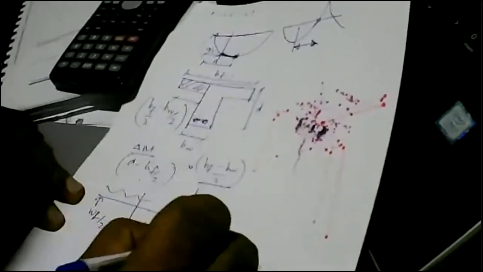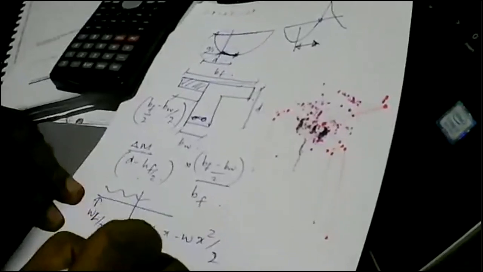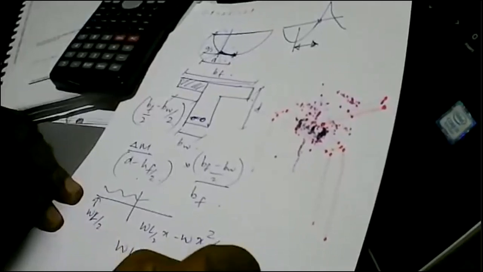And earlier, wL by 2, and if you take any section, wL by 2 times x minus wx squared by 2, and wL by 2 times L by 4 minus wL by 4 multiplied by L by 8. That's how it was written earlier.